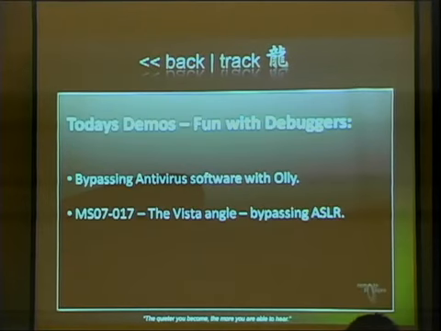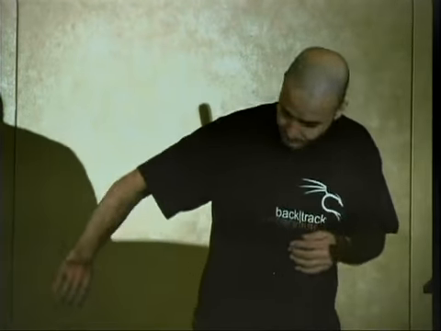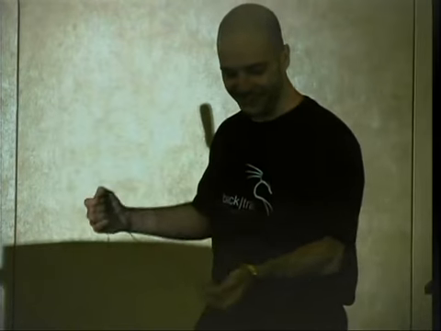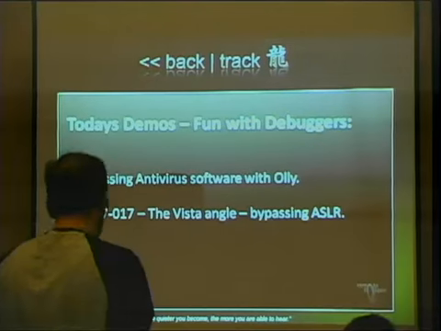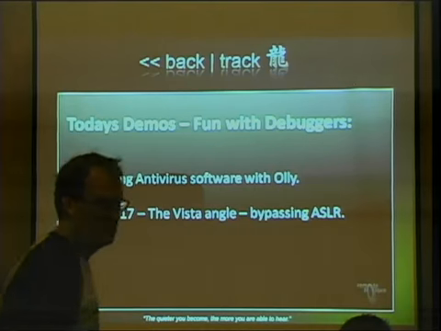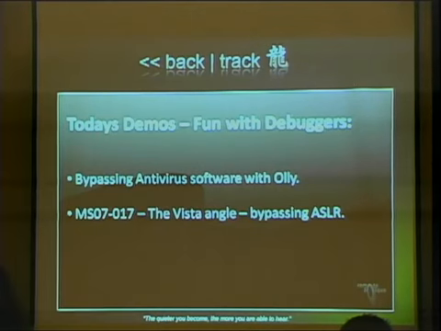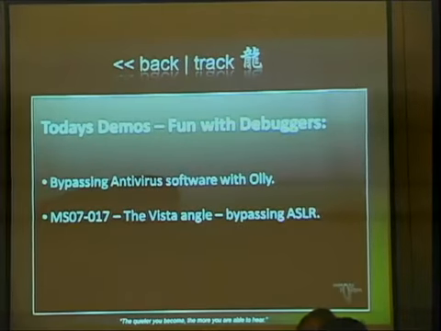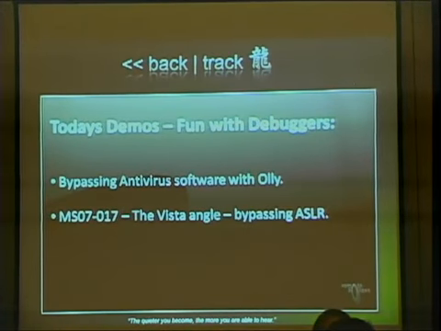All right. We'll be looking at two demonstrations today. Both of them are just Ollie games, basically, debugger games. The first demonstration is actually a nice one: we're going to be bypassing a sort of low-level antivirus system with OllyDbg, encrypting or encoding a file.